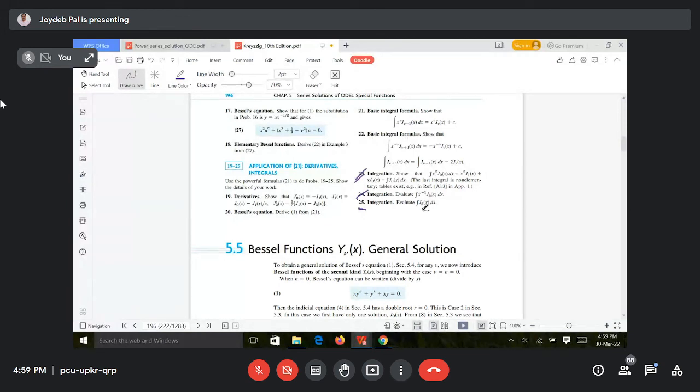You can try. Actually, it is different between the PDF and the hard copy. In the hard copy, it is different. So maybe there is some problem with problem number 25 in the PDF or in the hard copy. I don't remember exactly. You can try the integration of J5 if you can handle it.